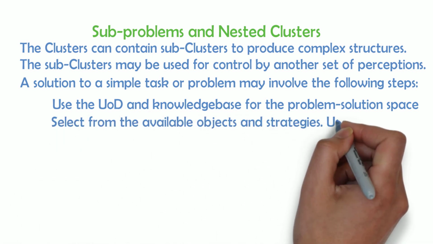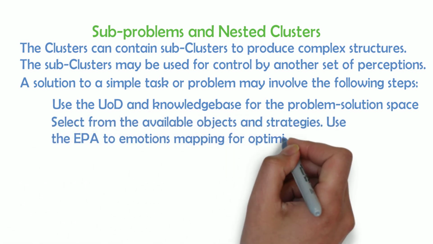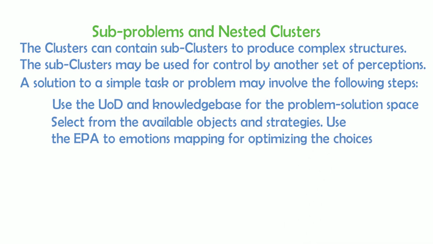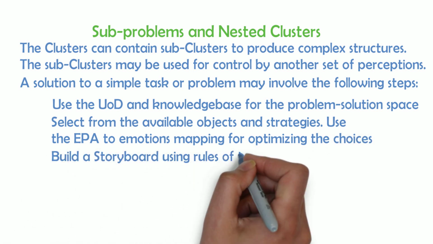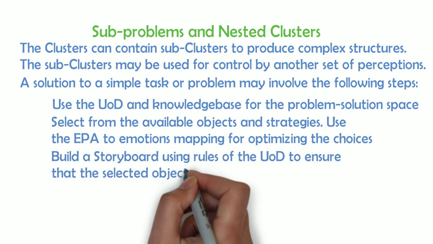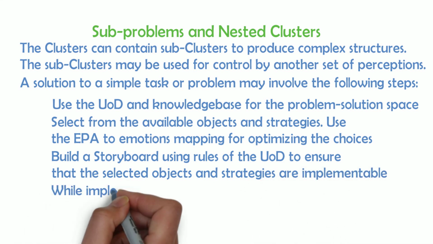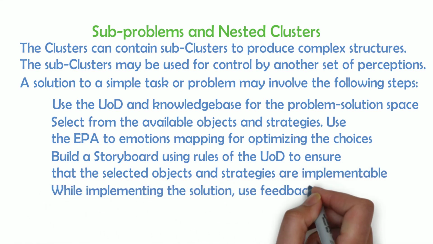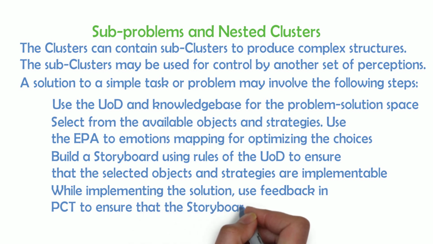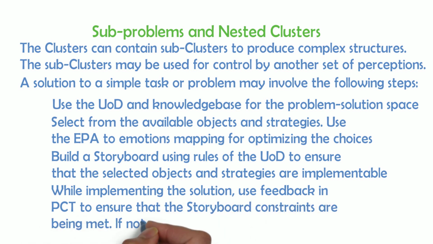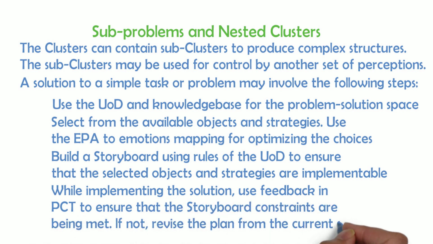Use the EPA to emotions mapping for optimizing the choices. Build a storyboard using rules of the UOD to ensure that the selected objects and strategies are implementable. While implementing the solution, use feedback in PCT to ensure that the storyboard constraints are being met. If not, revise the plan from the current stage.